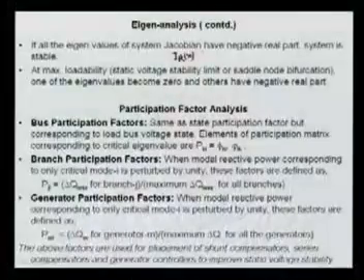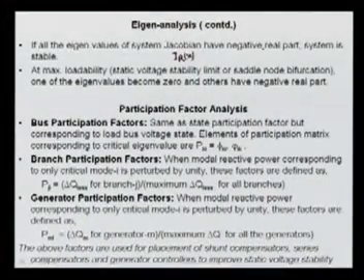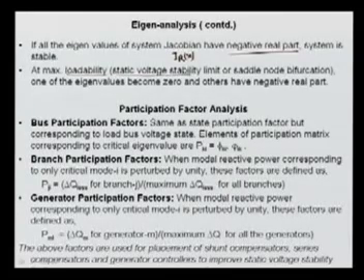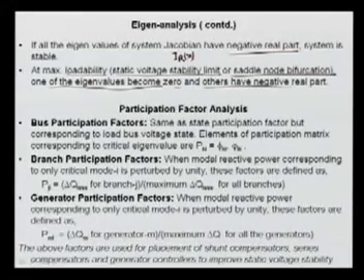If all eigenvalues of the Jacobian have negative real parts, then the system is stable, no doubt about that. At maximum loadability, the static voltage limit or saddle node bifurcation, one of the eigenvalues becomes 0 and the others have negative real parts. What does it mean?